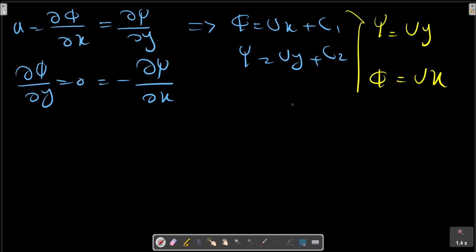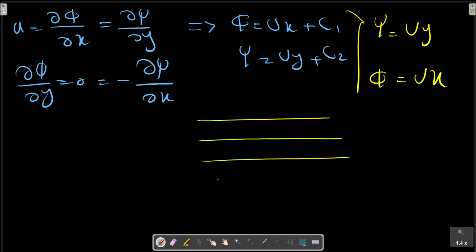Let me show here. U, and the potential lines are the vertical, x constant.